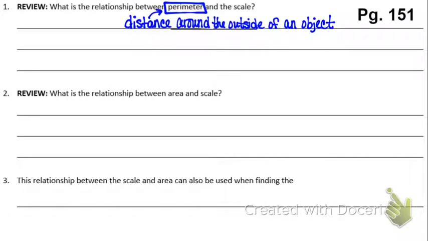And on Monday, we were finding area and perimeter of different irregularly shaped objects, right?